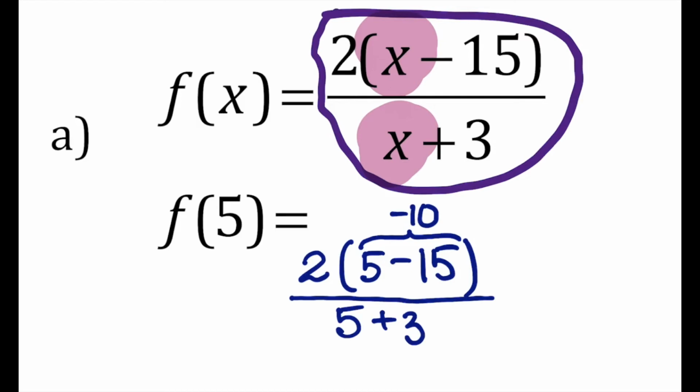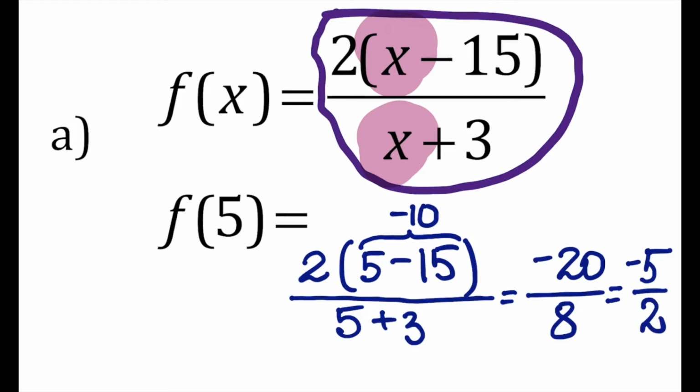And then I have to multiply that negative 10 by 2, which will give me negative 20. 5 plus 3 is 8. And this fraction, negative 20 over 8, can be simplified by 4, which will give me negative 5 over 2. And you can leave it like that, or you can convert this to negative 2.5.